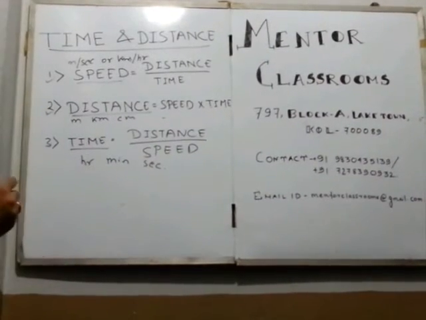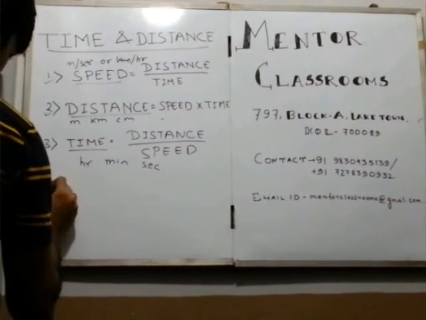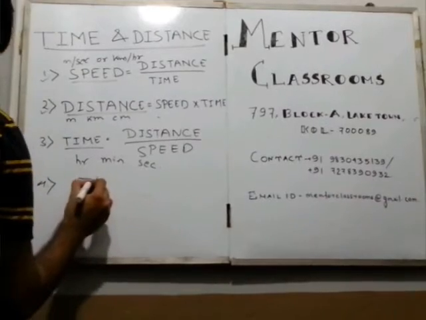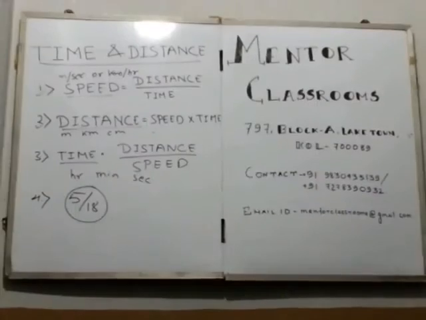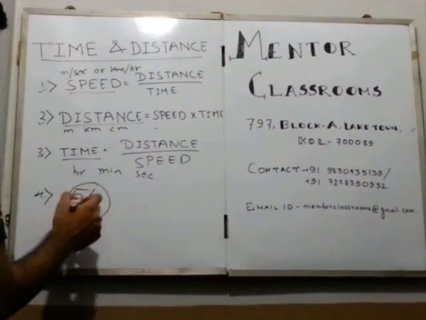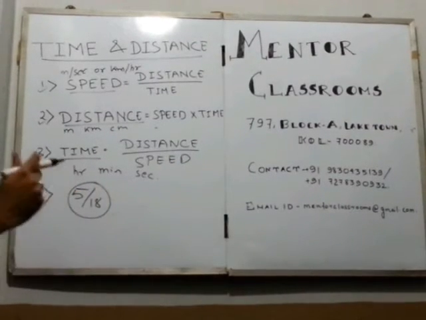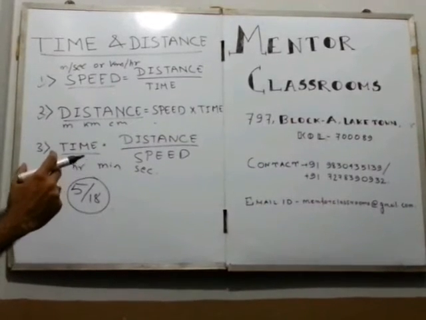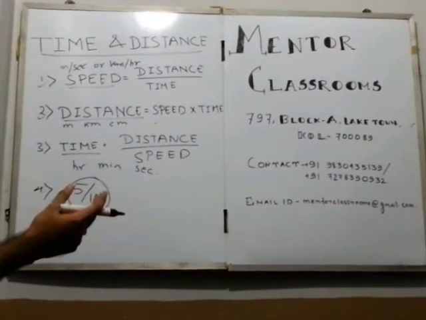Another thing you need to remember is this factor 5 by 18. This 5 by 18 factor is really important to remember in order to convert the unit. Which unit?